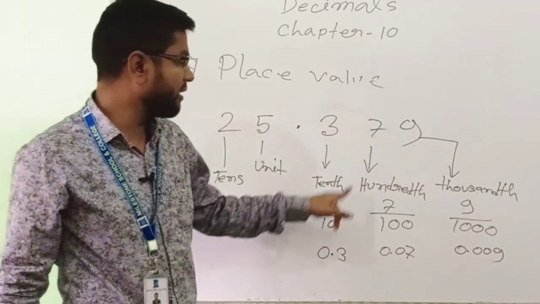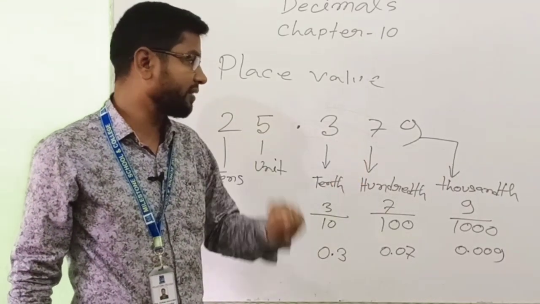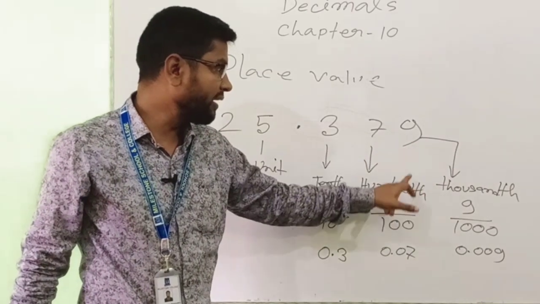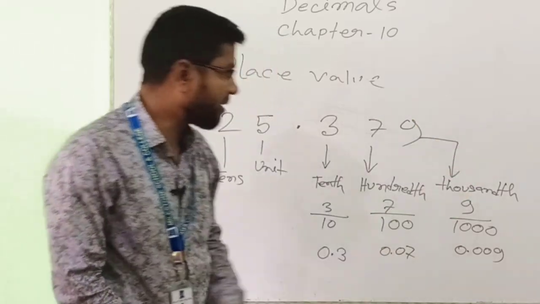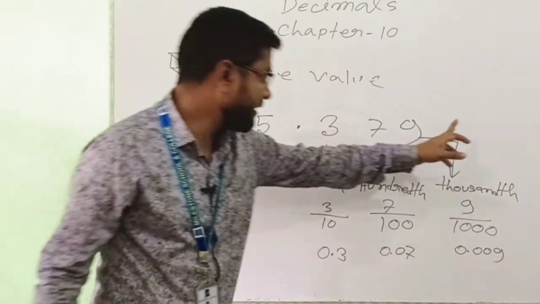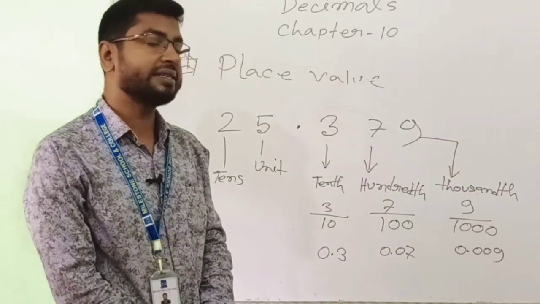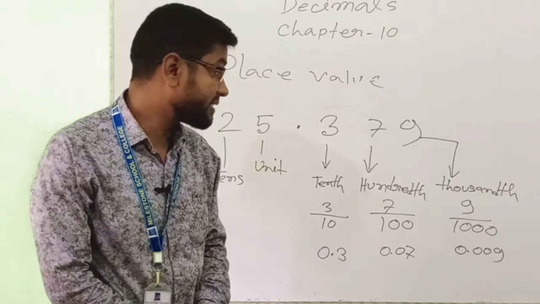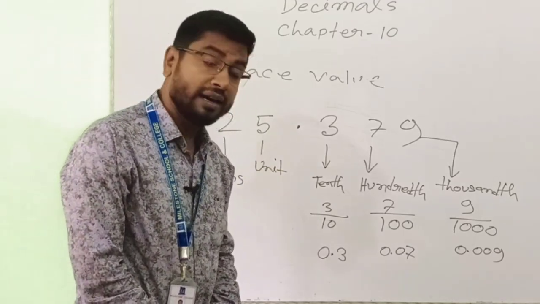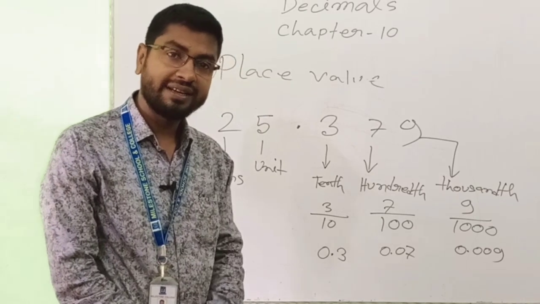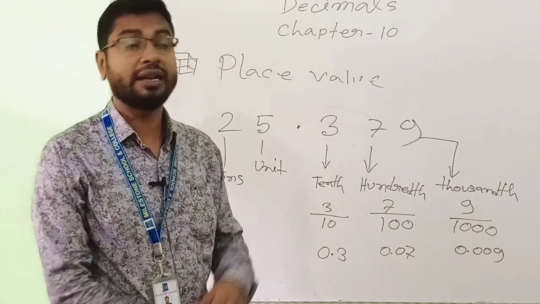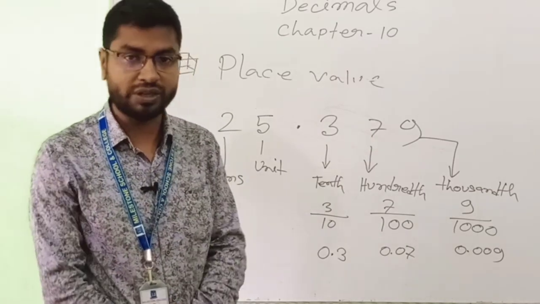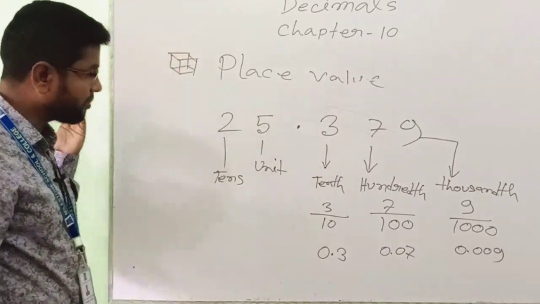This 7 we will read as 100ths, this 9 as 1000ths. If there is any number in the next column, we will say it is 10,000ths. Then if we go for more digits, it will be lakh. Like this way it will continue, on this side and that side.